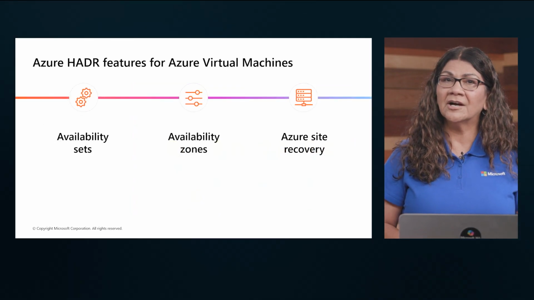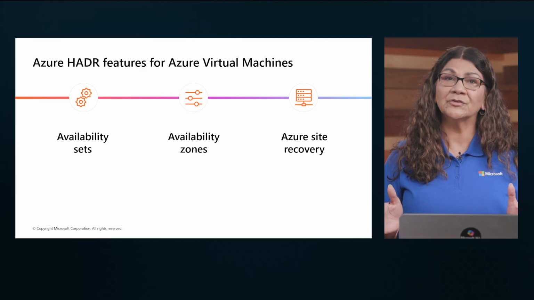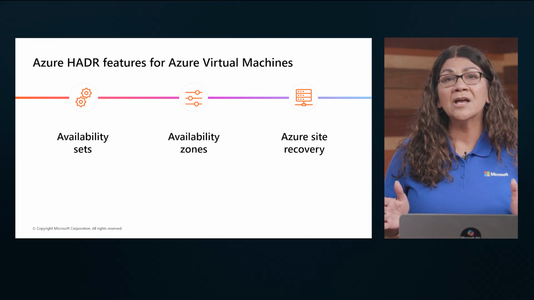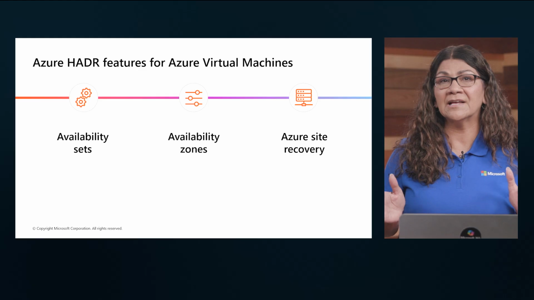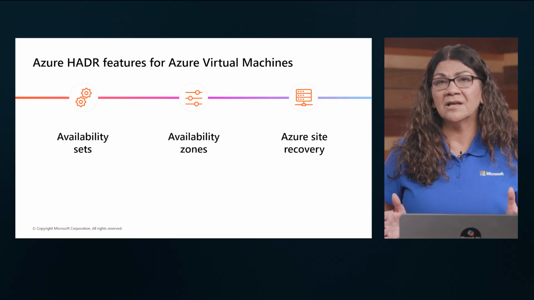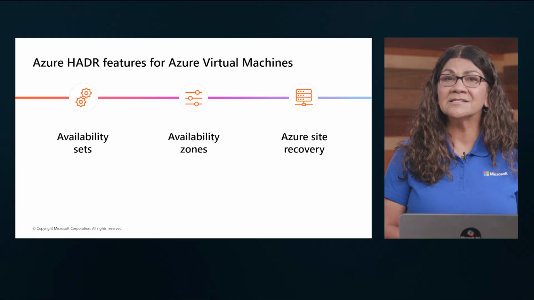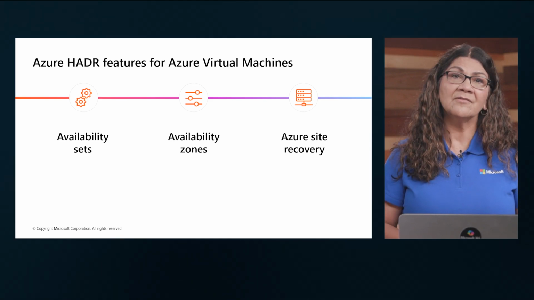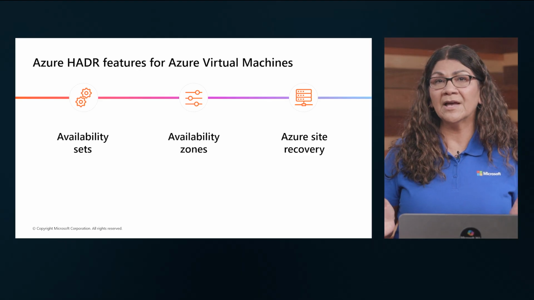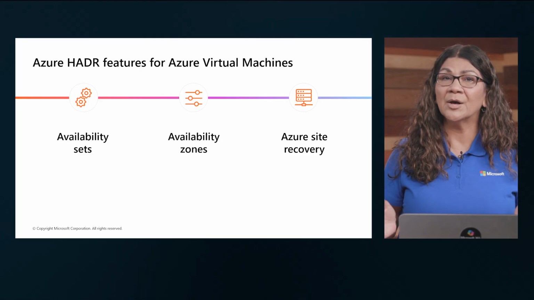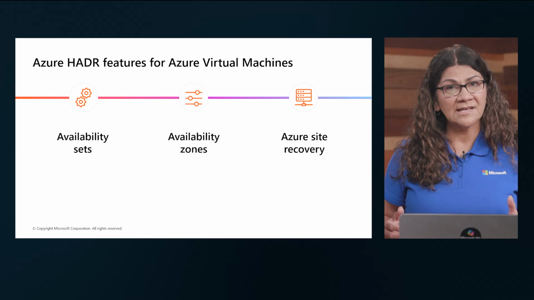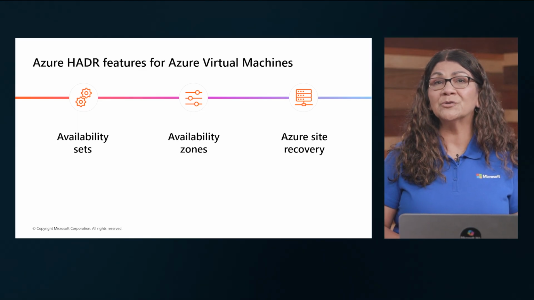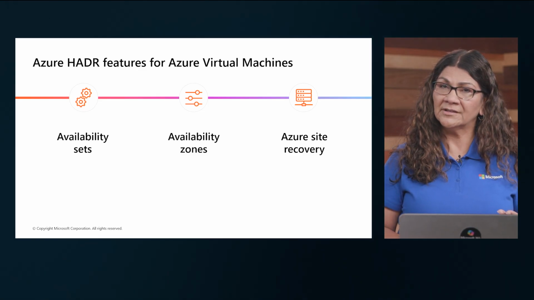Azure HADR features for Azure Virtual Machines reflect 3 core high availability and disaster recovery options. We have availability sets, availability zones, and Azure Site Recovery. Availability sets distribute VMs across fault and update domains within a data center to minimize downtime during maintenance or hardware failures.